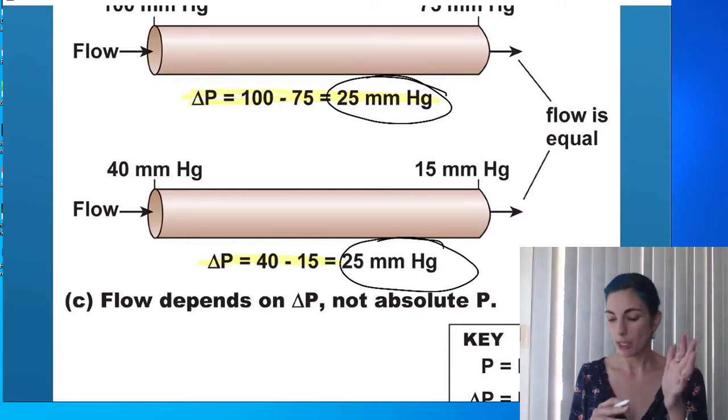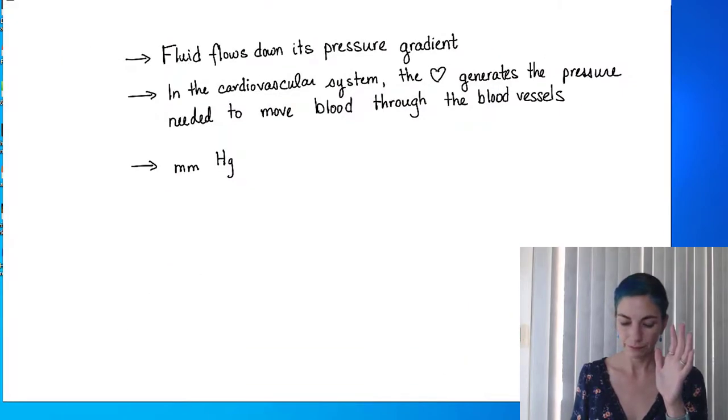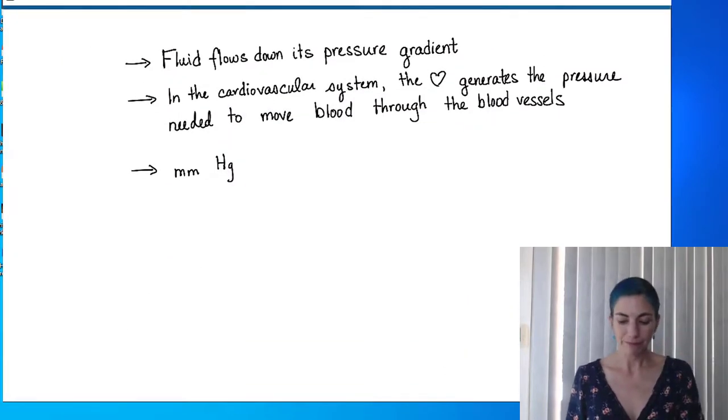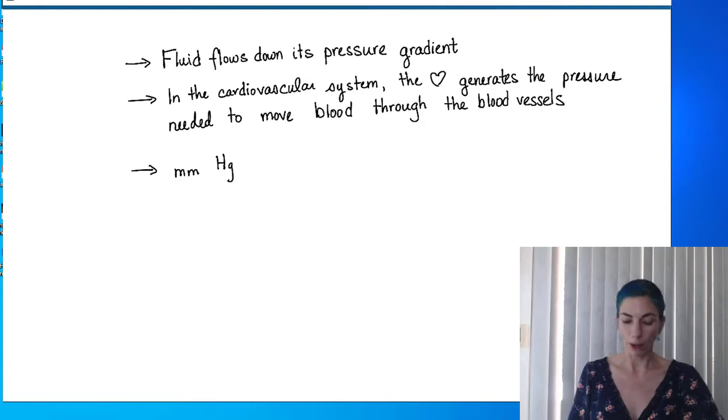So this is a good time to talk a little bit about fluid flow. Okay, so I said fluid flows down its pressure gradient, but we're actually going to define flow.